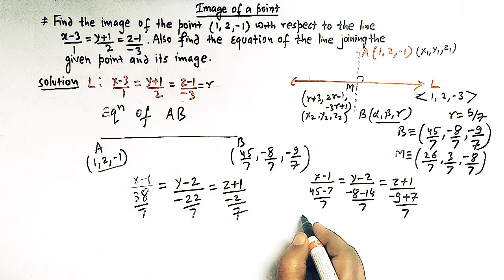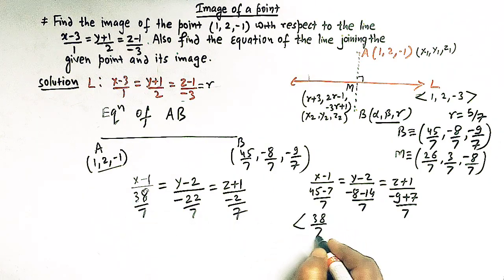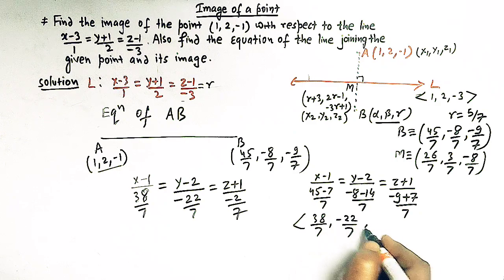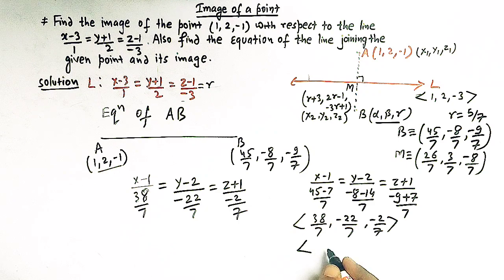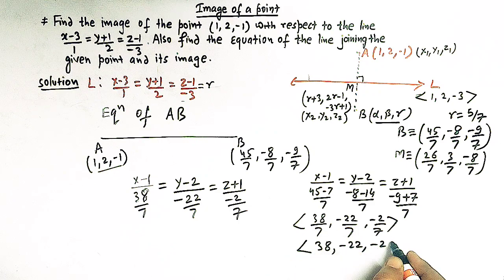So now 38 over 7, minus 22 over 7, minus 2 over 7 can also be written as 38, minus 22, minus 2, because here we have 1 over 7 as the common factor. And again if we divide throughout by 2, then we have 19, minus 11, and minus 1, right?